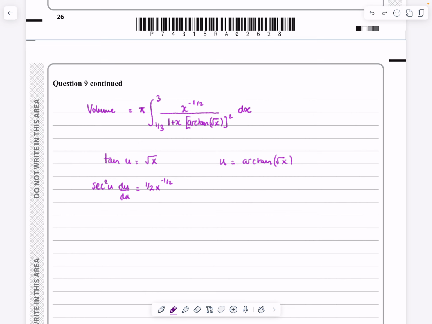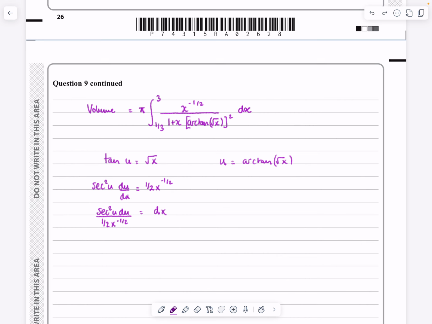There's other ways of doing this, but I think this is probably the easiest way if I'm trying to explain it to people. I'm going to say dx up there will be sec squared u du all divided by half x to the minus a half. Okay, so that is going to take care of quite a bit of this stuff in here.